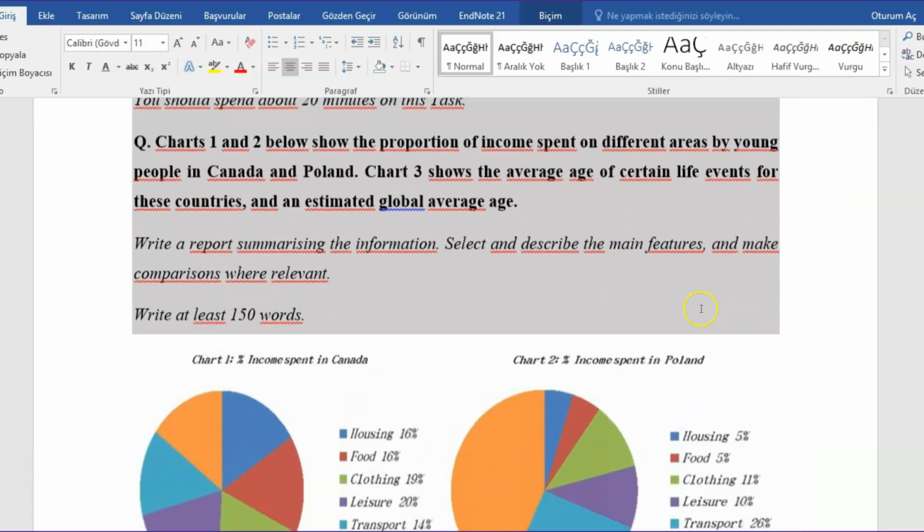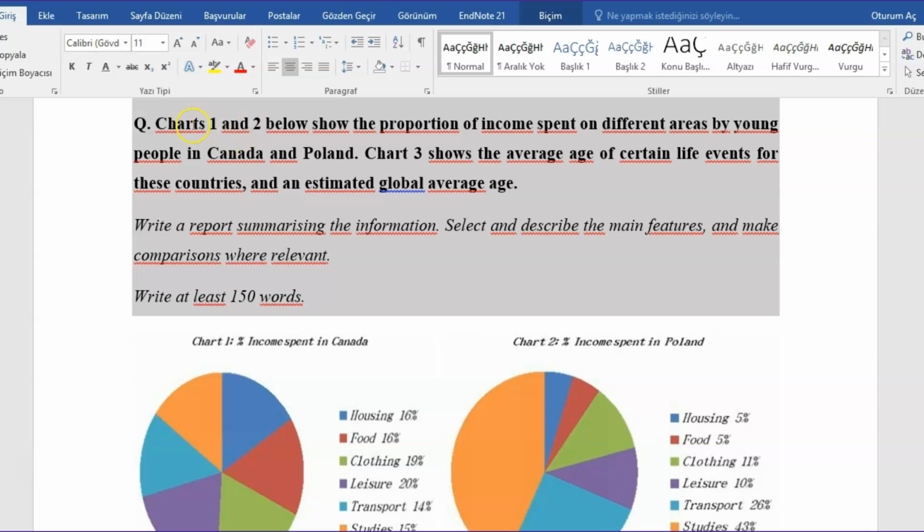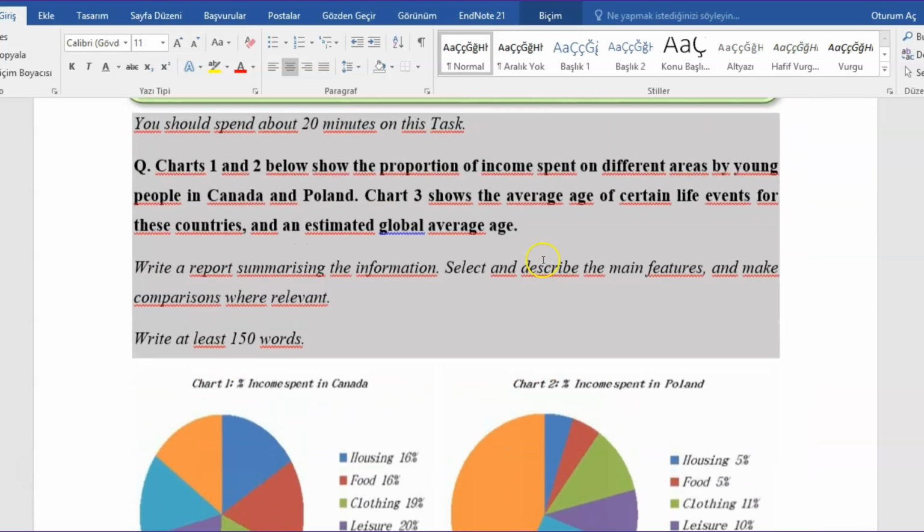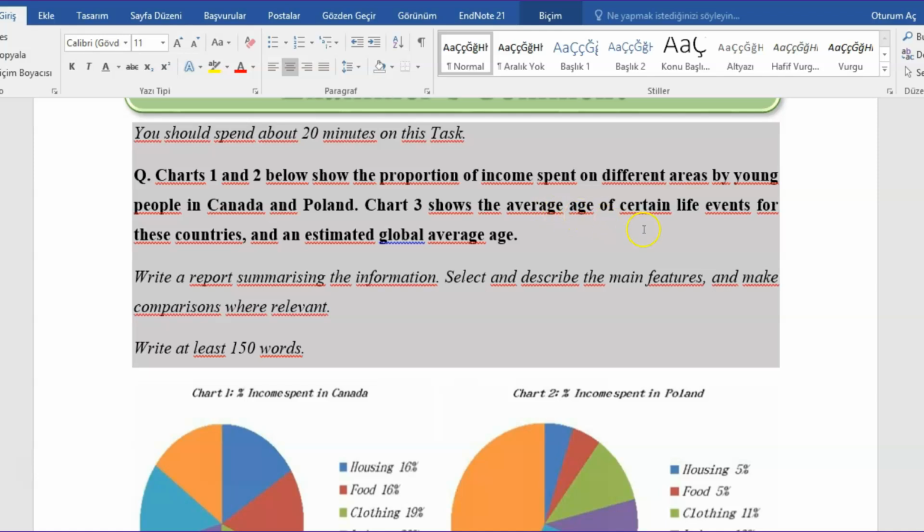And our question is: charts 1 and 2 below show the proportion of income spent on different areas by young people in Canada and Poland. Chart 3 shows the average age of certain life events for these countries and an estimated global average age.